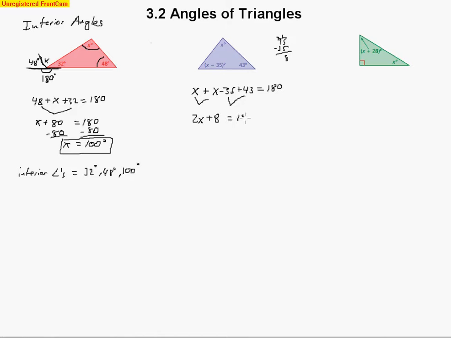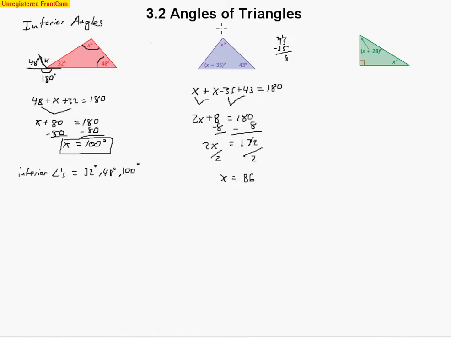Then I have to subtract that number from 180 degrees, and that's going to give me 172 equals 2x. When I divide by 2, 2 goes into 17 8 times, makes 16 with 1 left over. It goes into 12 6 times, so 86 degrees.